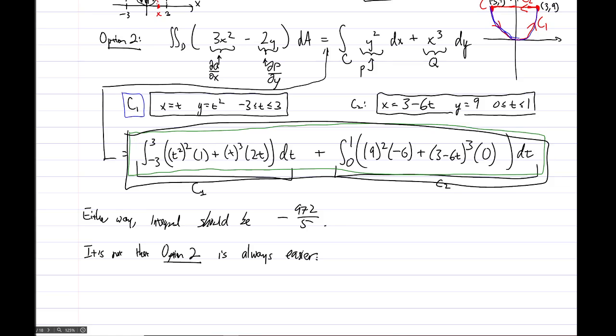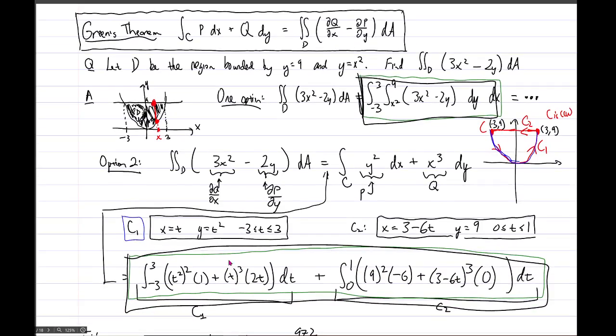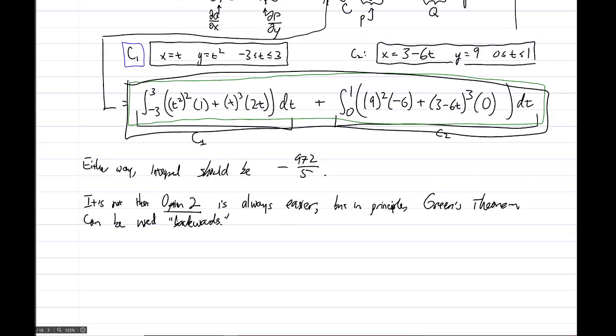Okay, it's not that option 2 is always easier, but in principle, Green's theorem can be used backwards. Okay, so yeah, backwards, from a thing that looks like this to a thing that looks like that. And in some cases that's nice, and in some cases it's not as nice. But we did it here to demonstrate that you can.